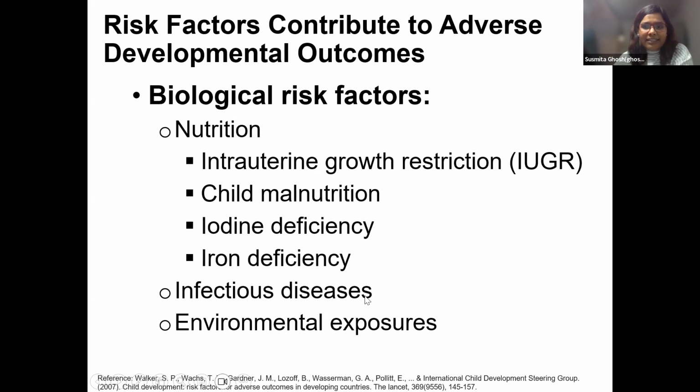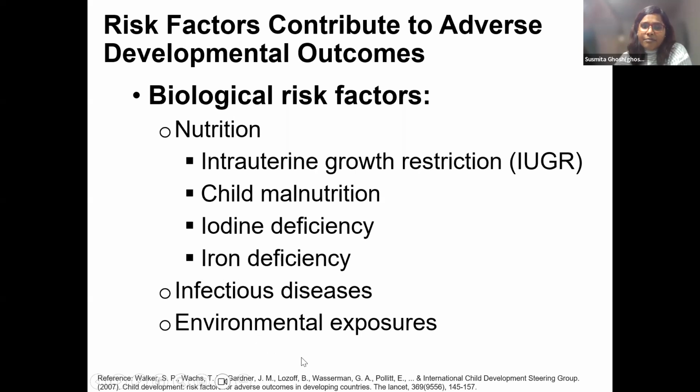On the other hand, infectious disease can also affect the child's development in both direct and indirect pathways, such as HIV/AIDS, malaria, or diarrhea due to poor water, sanitation and hygiene. All these factors contribute to poor developmental outcomes.